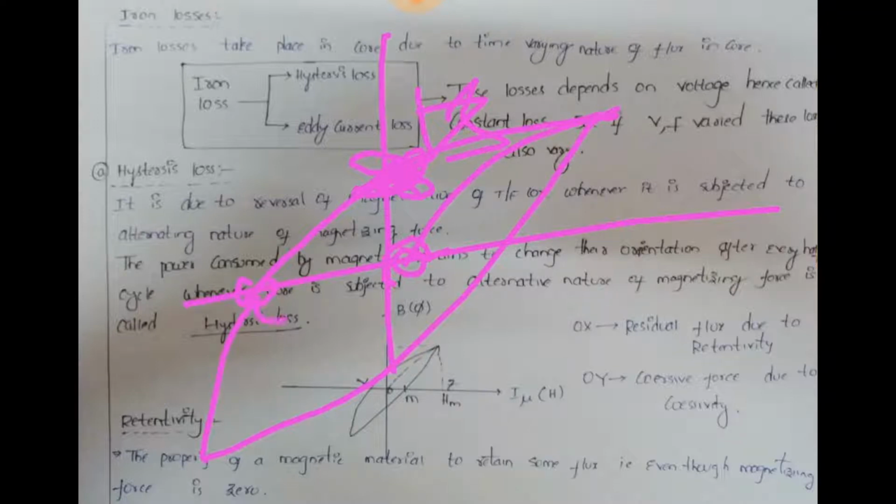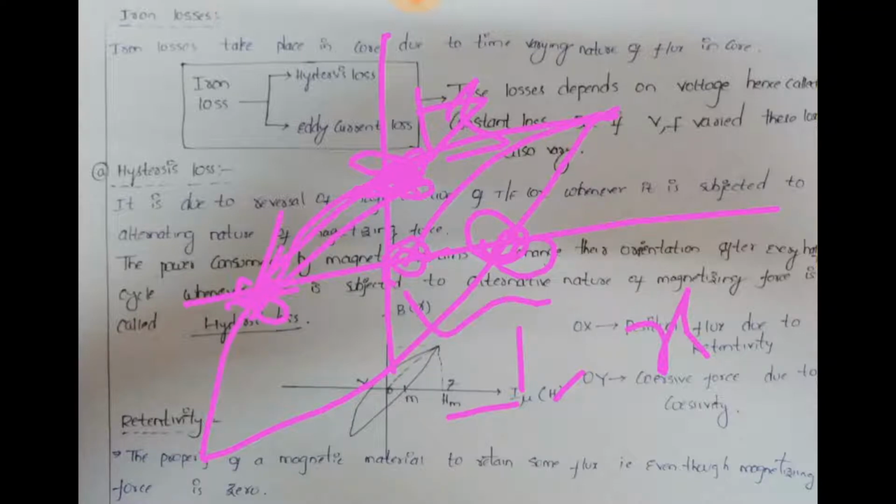Now you require some current to reduce B max to 0. You require an additional current to reduce it to 0. So you require this amount of current, some X current, so that it reduces to 0.